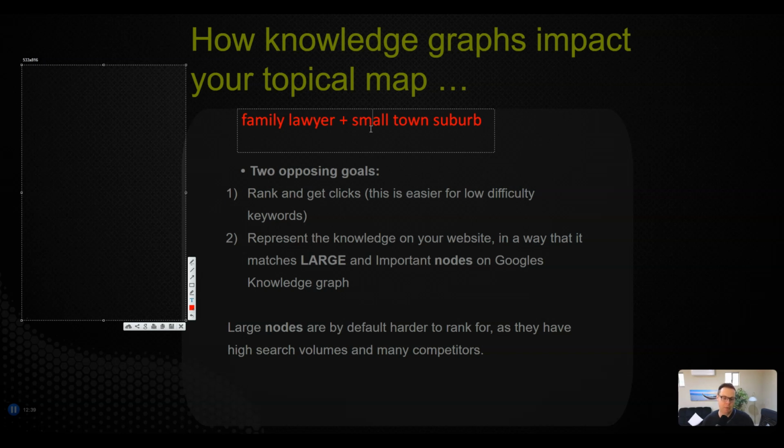And that will hold you back as well. So that's why it is a balancing act of picking the topics that you think in time you can rank for them, at least in the top 10 ideally, so that you will get some clicks, and the topics that are just easy to rank for. So you definitely want to have a balance there.